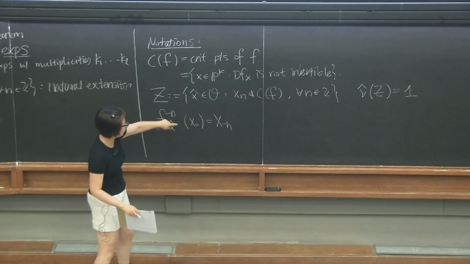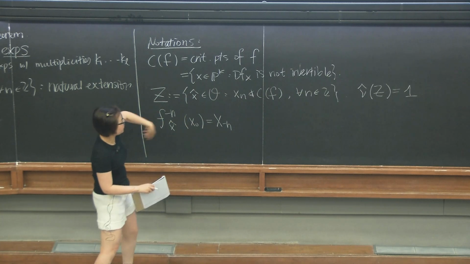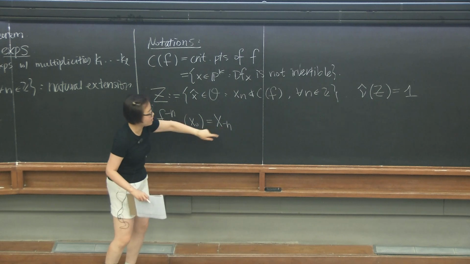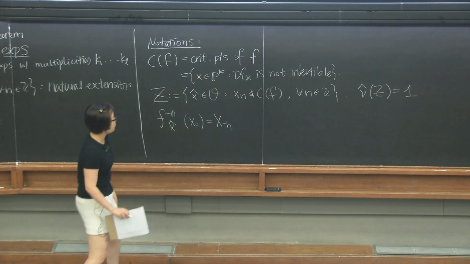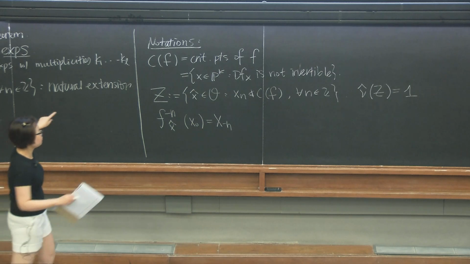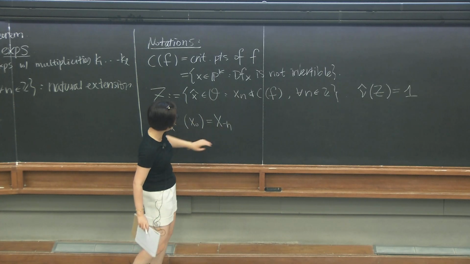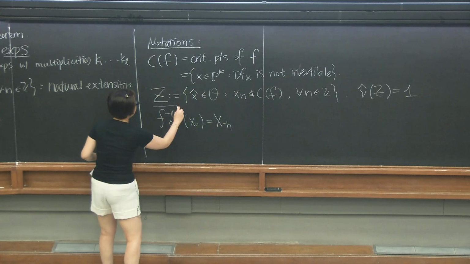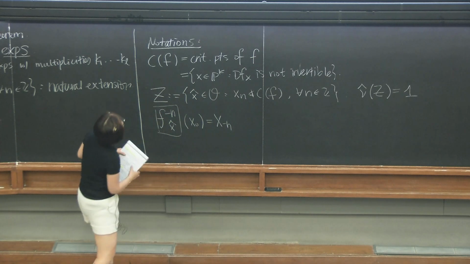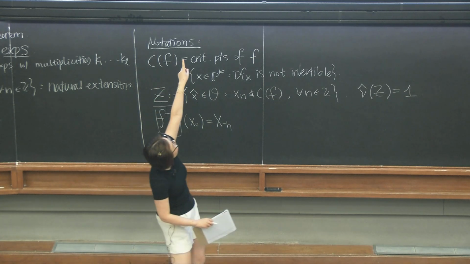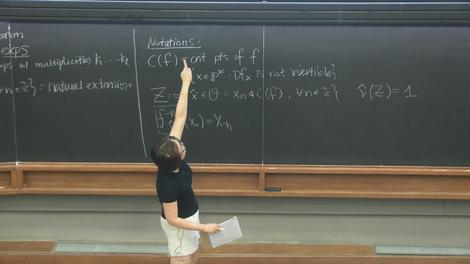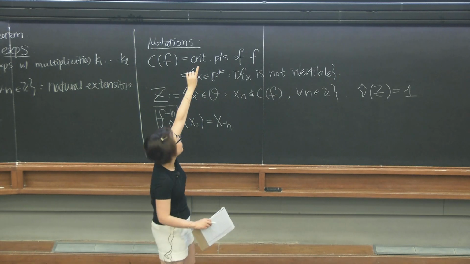You start from a point in Z, and you specify after n steps where you are. This inverse branch is unique: once you specify x_0 and x_{-n}, you know which branch you are taking. This is the map appearing in the commutative diagram, the box over there.